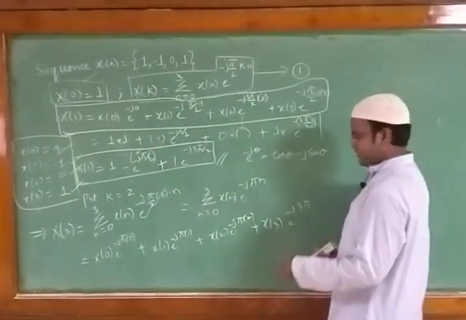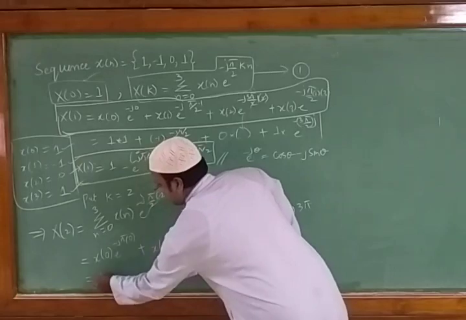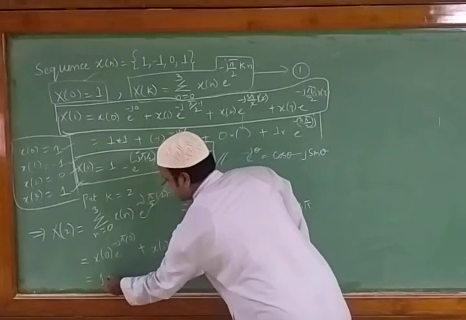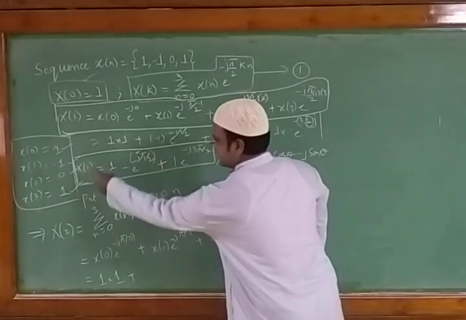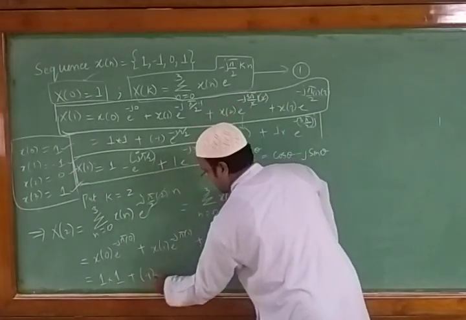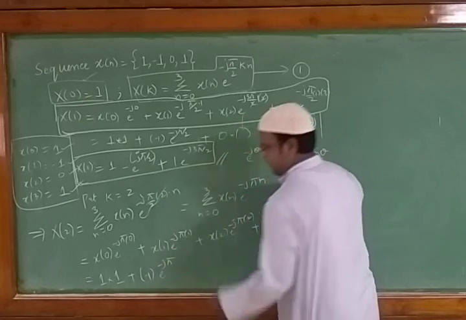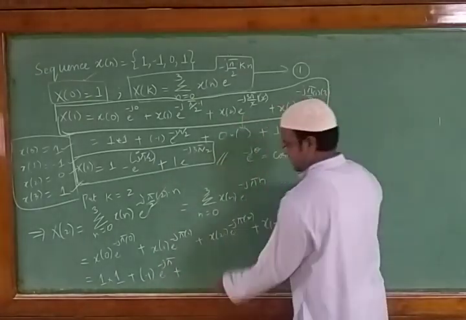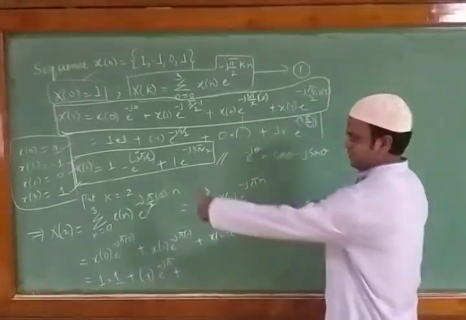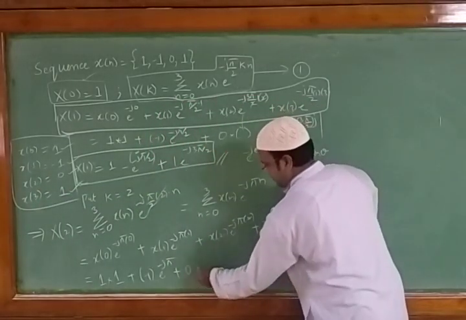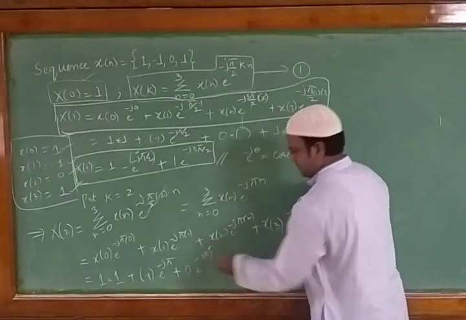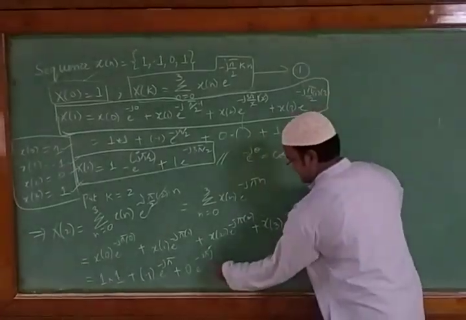So what do I get if I write them over there? X of 0 is what? 1. E power minus 0 will be again 1. Similarly x of 1. What is the x of 1 value? Minus 1, e power minus j pi, plus x of 2. What is x of 2? We had 0. So x of 2 is nothing but 0, e power minus 2 pi j, plus x of 3.